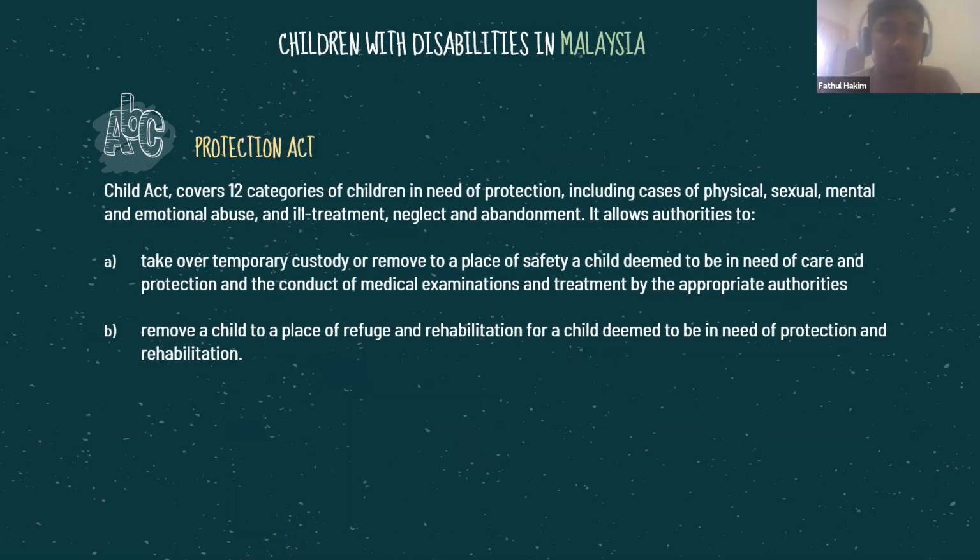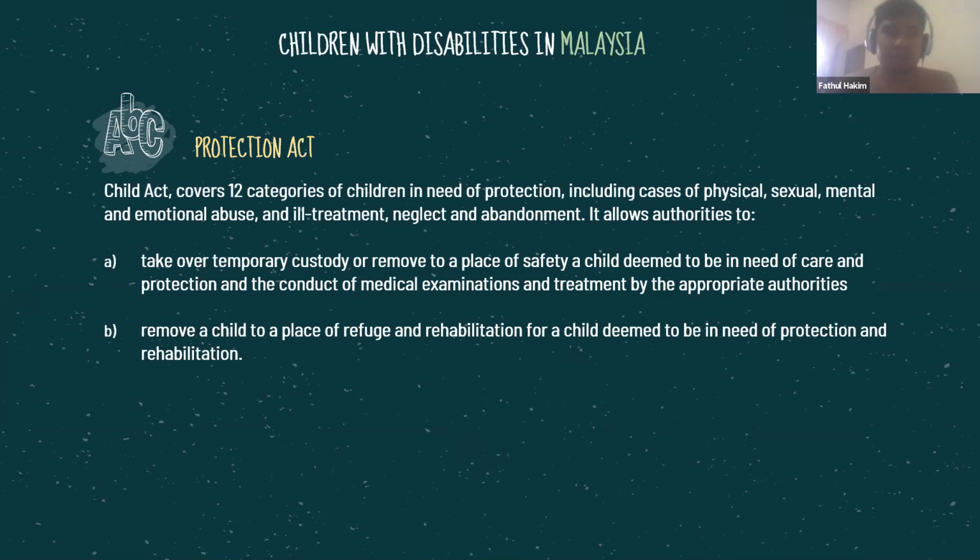Next, okay. There is also the protection act. Actually, in Malaysia, there are many acts that protect them. They include the basic necessities and their right to live as a normal person in terms of job, education, healthcare. It does not conclude everything, but it shows that we want to take care of them.